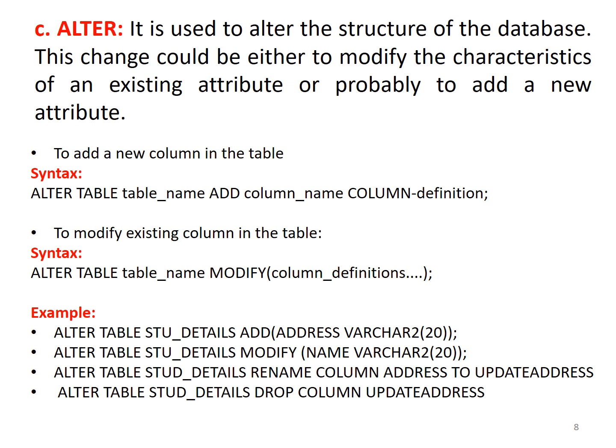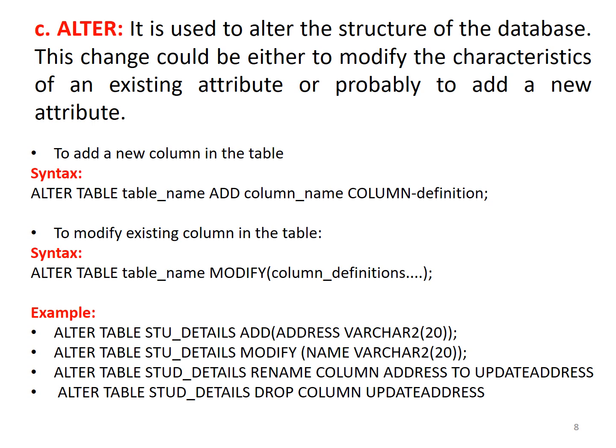And if you want to remove any one of the columns, that is also possible by using the ALTER command. So the syntax: ALTER TABLE, then the table name we have created, and then ADD, that is, whichever type of operation we want to perform.